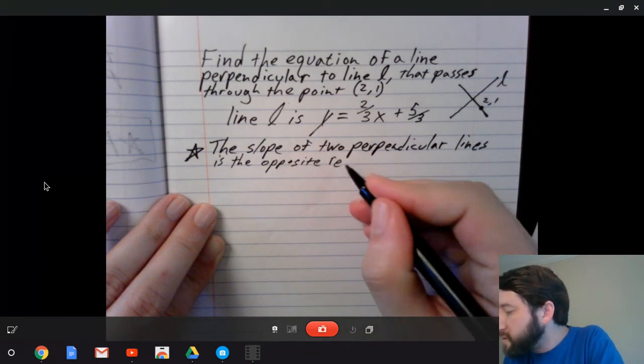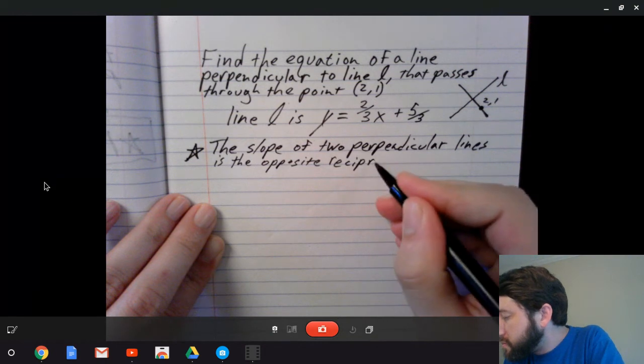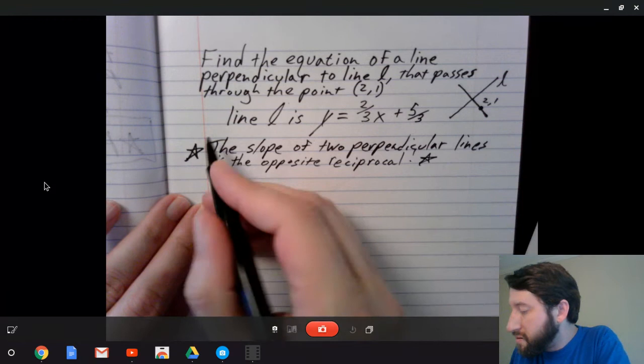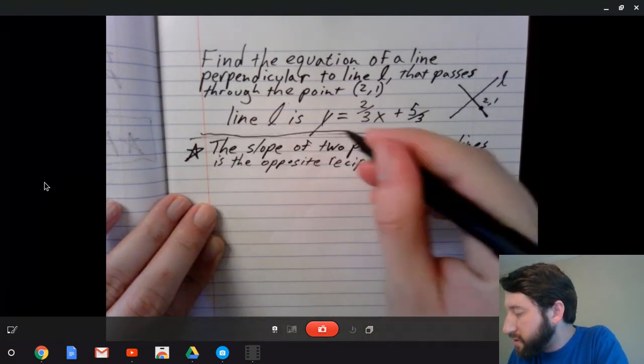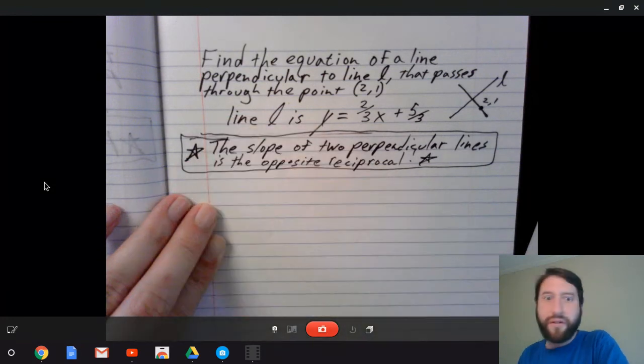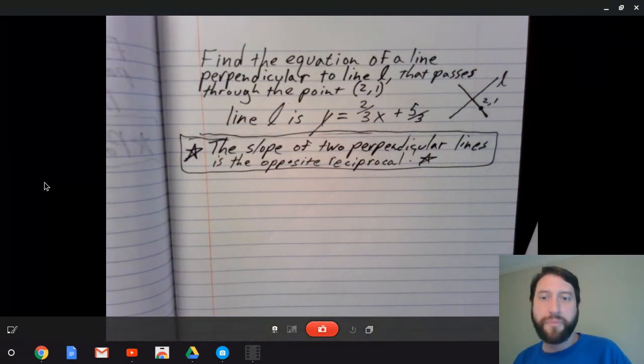We'll put a big old box around that one as well, because that is also really important. The slope of two perpendicular lines is the opposite reciprocal.